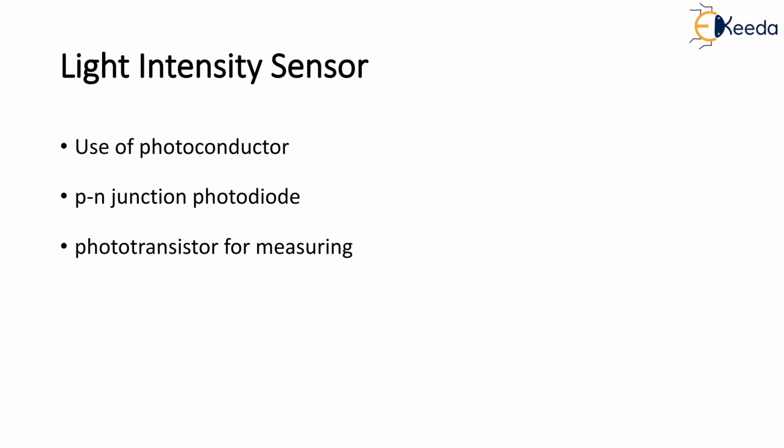So if the sensor senses the light, there is a drop in resistance. Alternatively, the p-n junction photodiode or phototransistor can be used to measure incoming radiation intensity from a particular direction. The output of the sensor circuit connects to the signal conditioning amplifier, ADC and microcontroller.